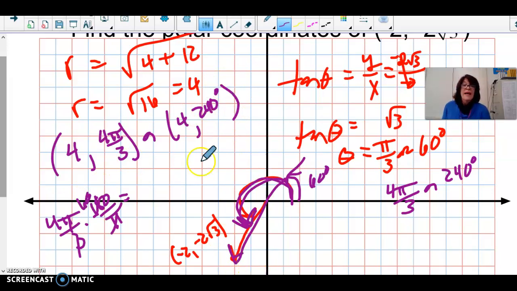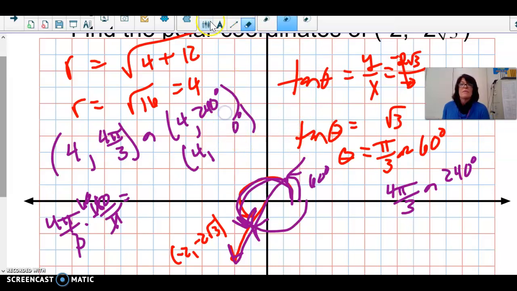There's other ways. I can add 360, etc. I could think of the negative angle here. Okay, would that be negative 210? Okay, so I can say 4, negative 210 degrees. Oh, not 210. Good gracious. Sorry. I'm dyslexic today.